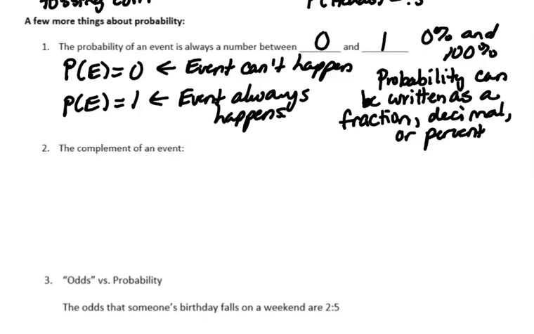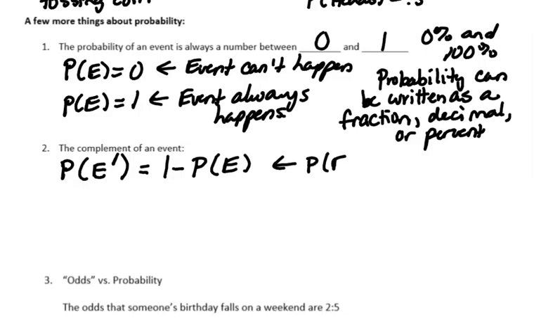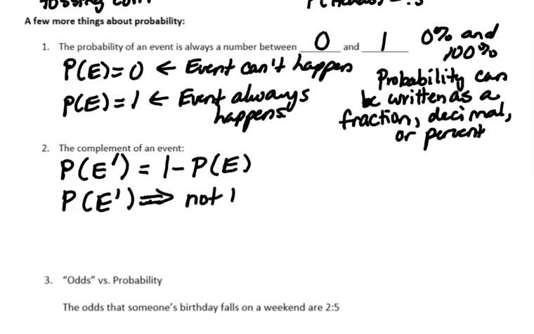The probability of the complement of an event, and usually we use a little prime mark or sometimes a little c, is equal to 1 minus the probability of an event E. And this just means the probability of E complement means not E. In other words, not this happening.